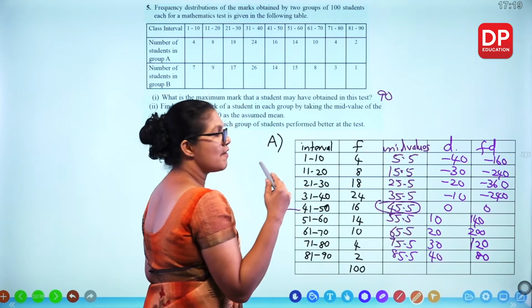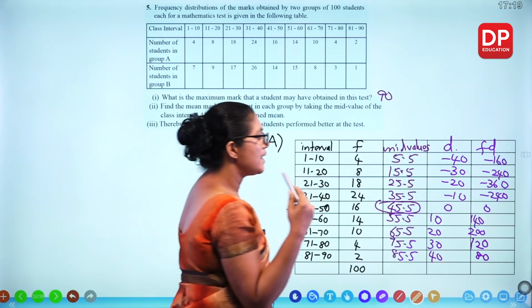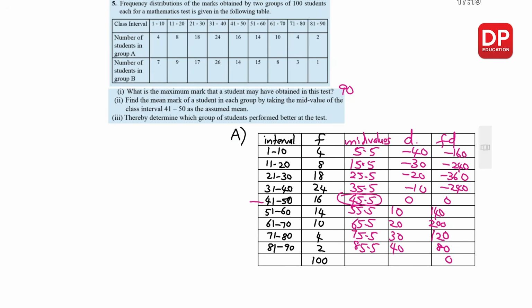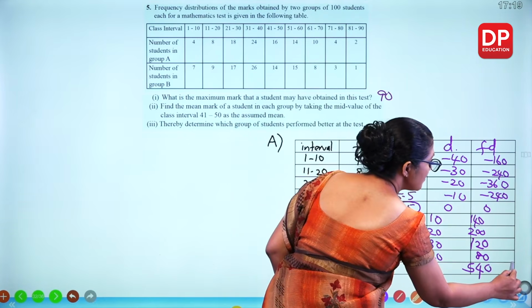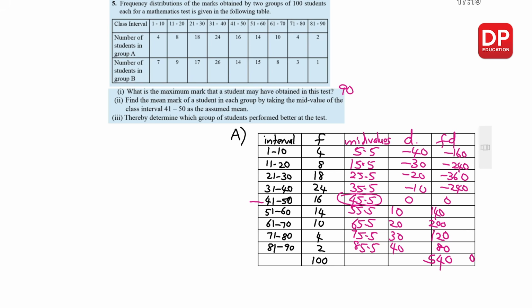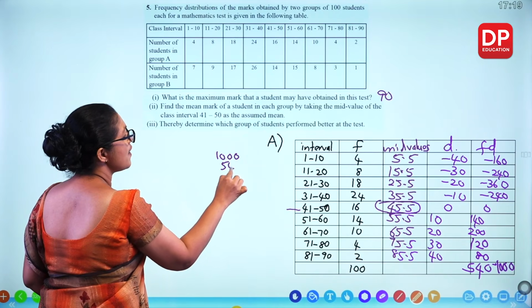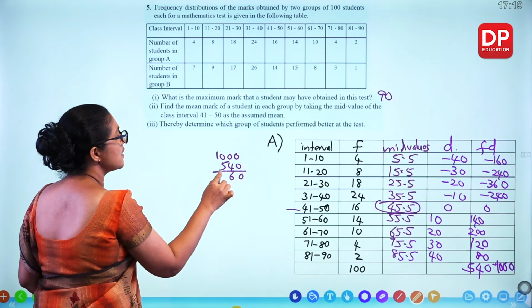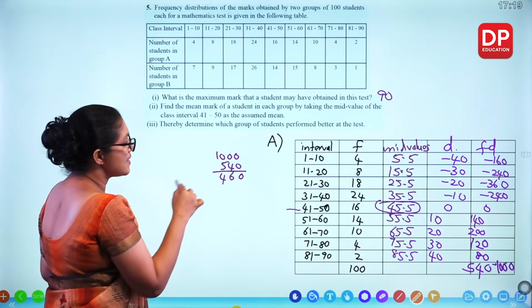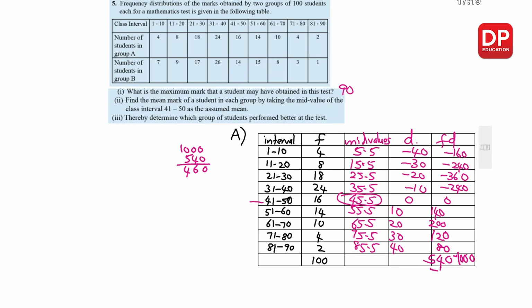Now add positive values separately and negative values separately. You get 540. Negative values when you add, negative 1000. 540 and negative 1000. So 1000 minus 540, you get 460, that's negative. Now how can we find out the mean mark?